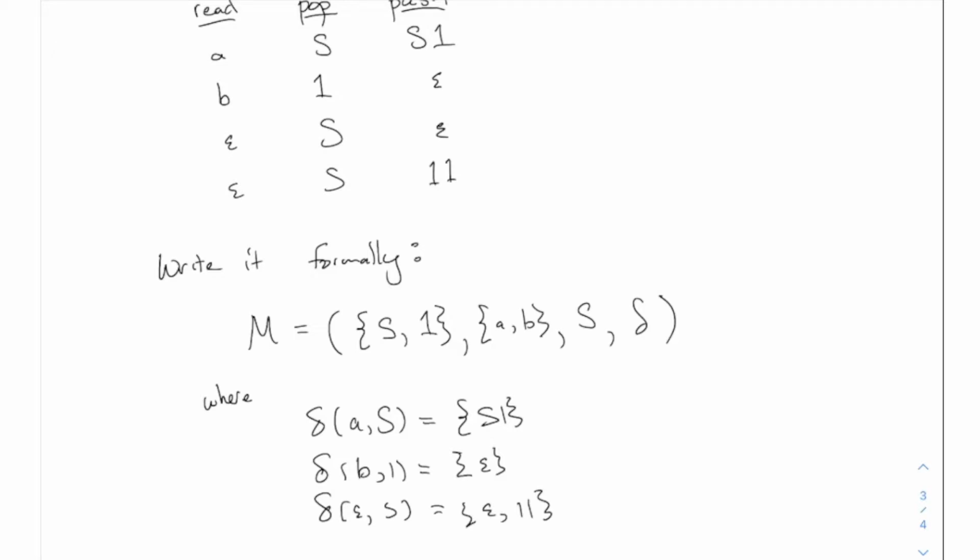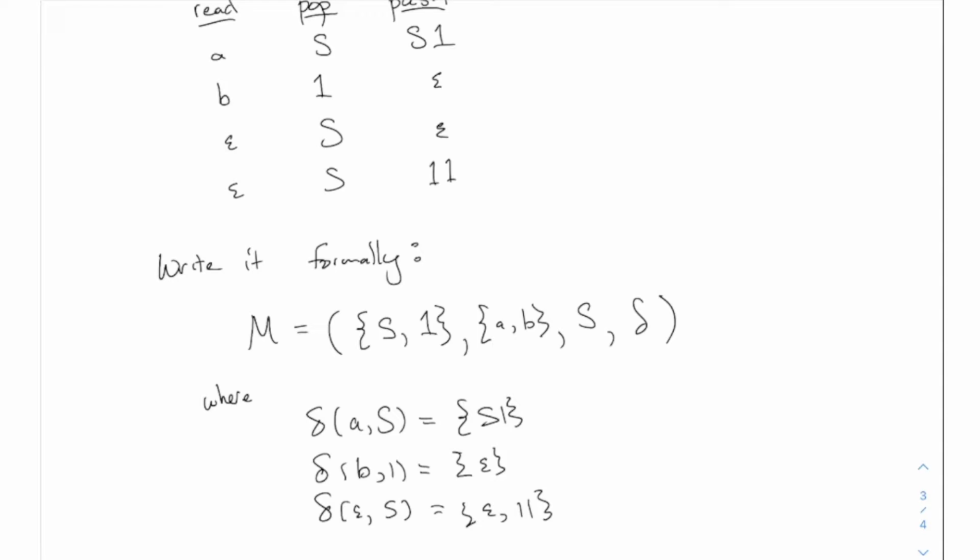All right. This is almost it, but not quite. Why is this not quite everything? It's because I have to tell you what all possible values of delta are. Delta is a function with a domain, like we said before, and a codomain. I've only actually told you what a few of the different values are.